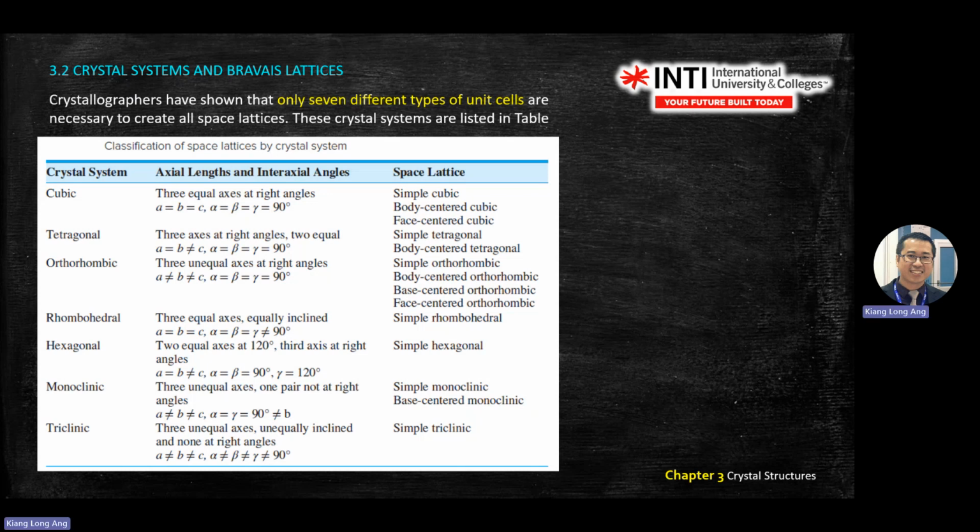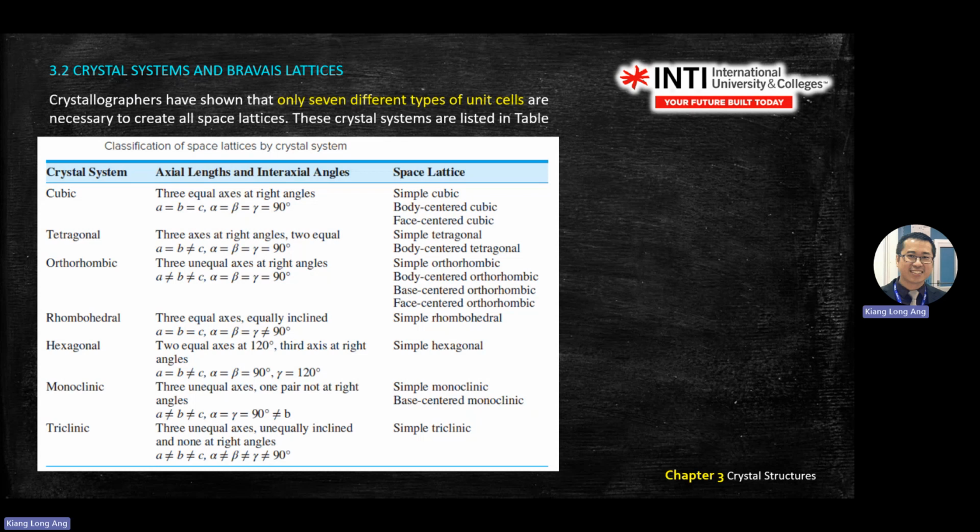Simple cubic means the normal cube that you see in mathematics. It normally won't come out, but one question did come out in one of the final exams. It's a bonus question actually.